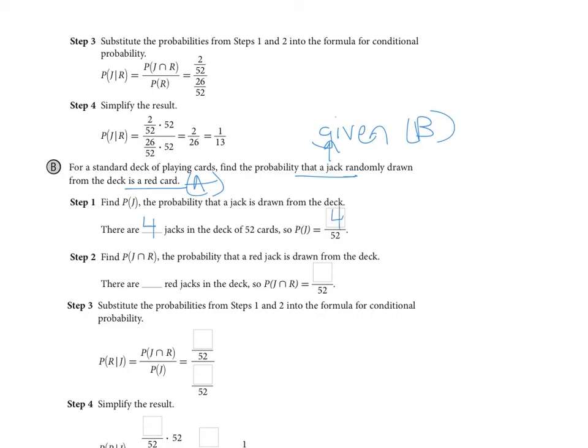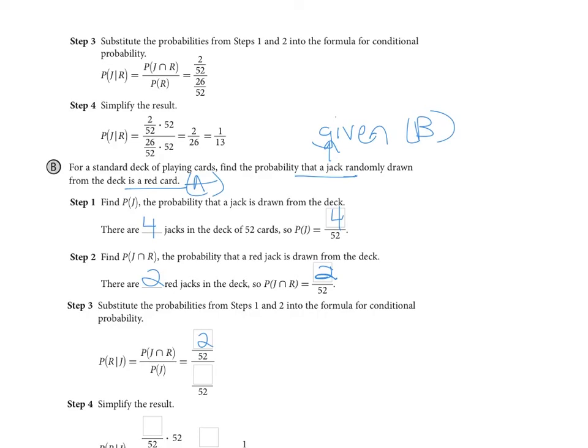Find the probability of J and R. Well, that's the same probability we just calculated in the previous example A. There are only 2 red jacks in the deck, so that's 2 out of 52. Step 3 is going to ask us to substitute those probabilities. Remember, the numerator is both conditions happening at the same time, 2 out of 52, and the denominator is whatever my given condition is.